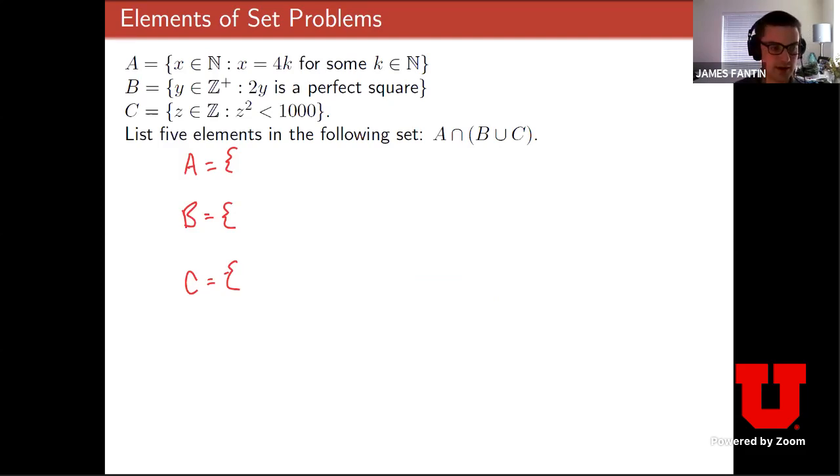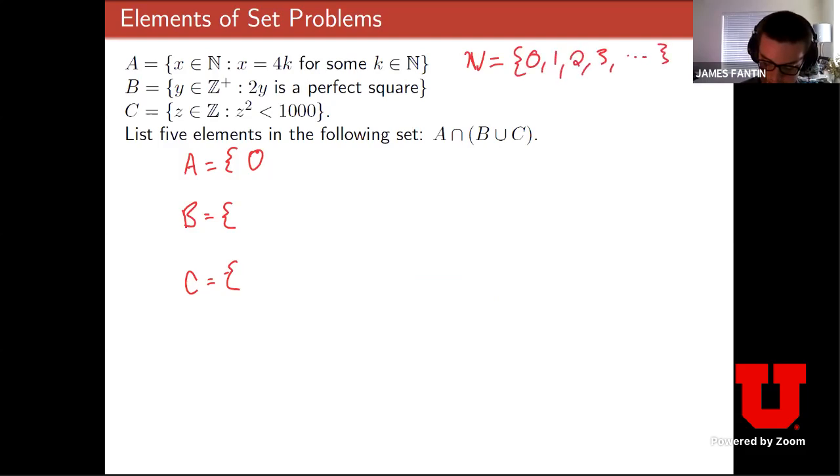So what are the first several elements we could have? Yeah, so somebody said 0, 4, 8, 12, 16, perfect. We start with 0 because remember the way we define the naturals is 0, 1, 2, 3.